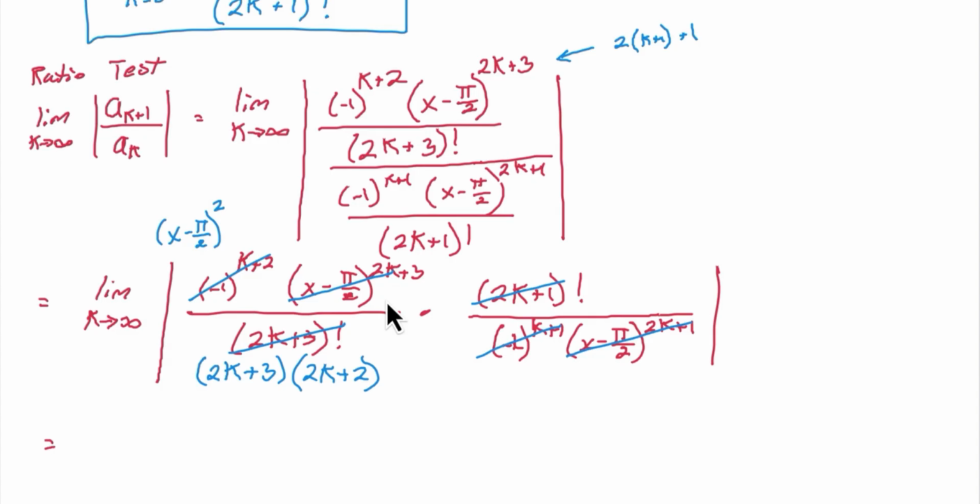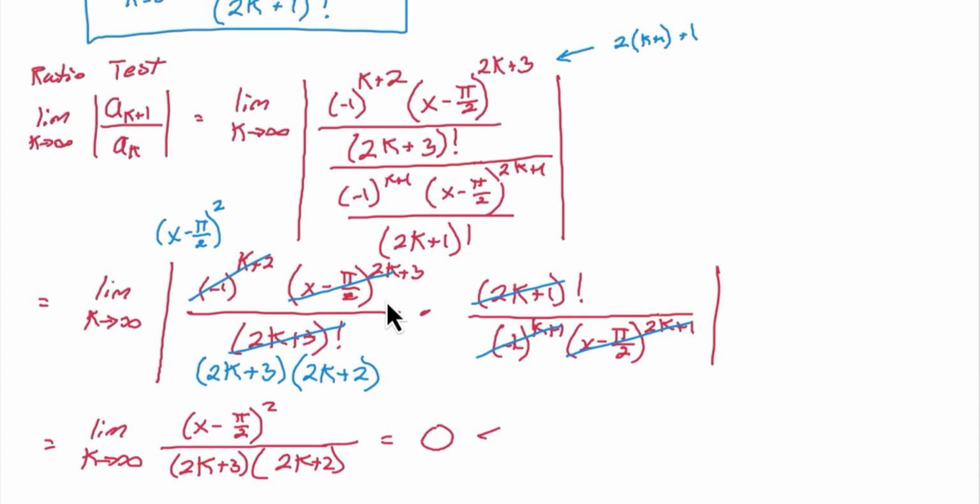So simplifying all of that, the limit as k goes to infinity of x minus pi halves squared divided by 2k plus 3 times 2k plus 2, and this limit is going to 0, which we know is less than 1 for all x, which means our radius is infinity.